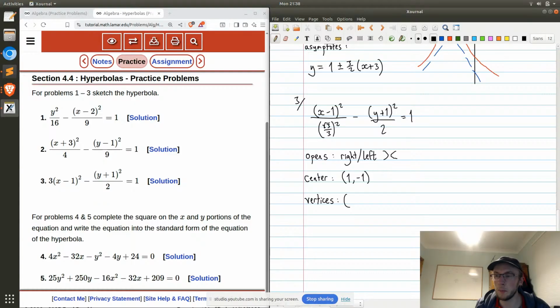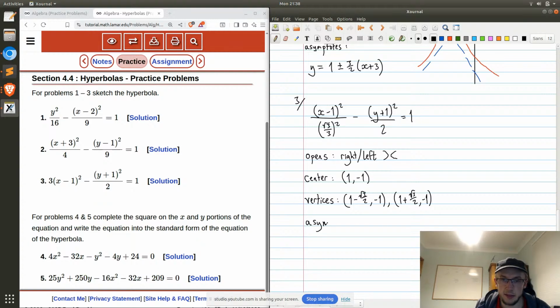Root 3 is 1.732. Divide that by 3. You get something like 0.6. Okay, so 1 minus root 3 over 2, negative 1, and 1 plus root 3 over 2, negative 1. Those are my vertices.